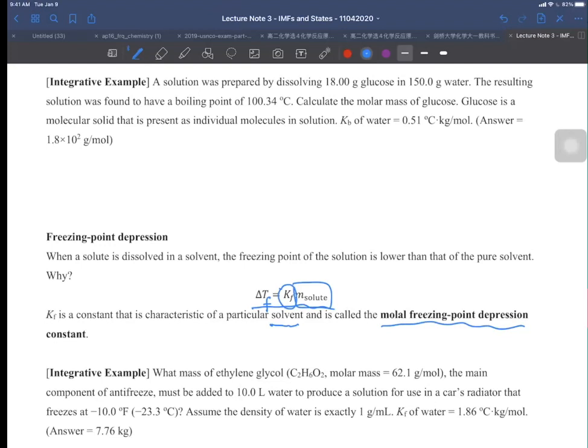So I will give you maybe 2 to 3 minutes to quickly finish these two examples. I think there are two goals for these two practice problems. The first one is for you to be a little bit more familiar with the definition of molality. Another one is to apply these two equations.